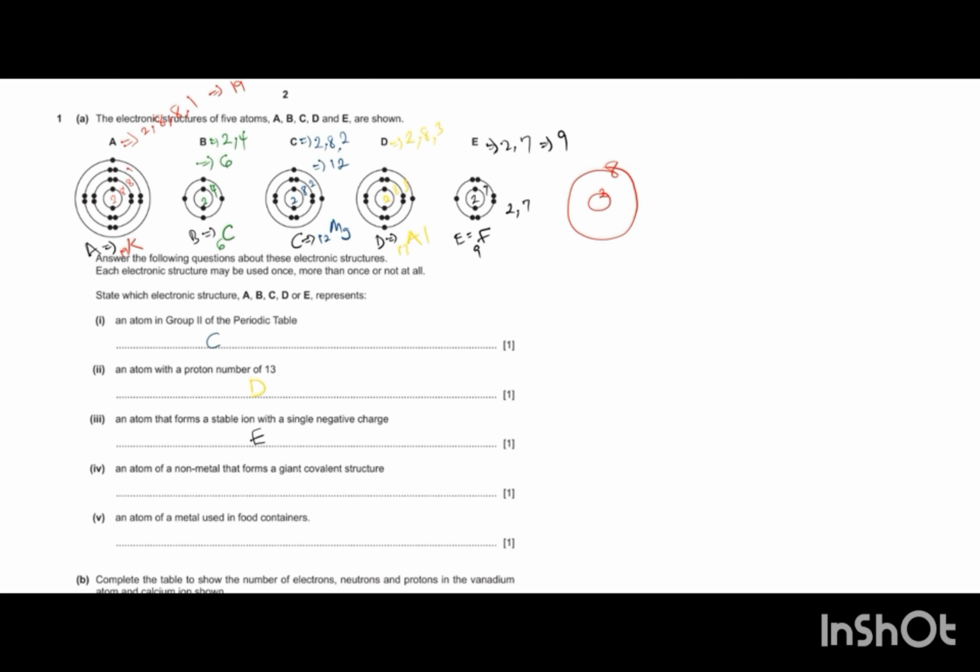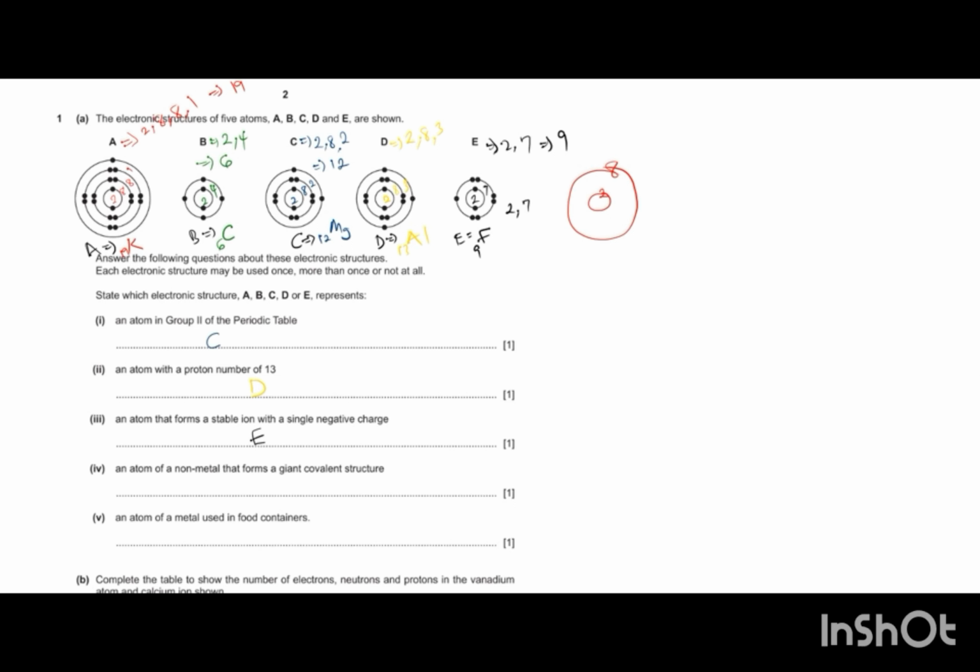An atom of a non-metal that forms a giant covalent structure, that is carbon. Carbon is a non-metal but forms a giant covalent structure. That is one of the properties of carbon.